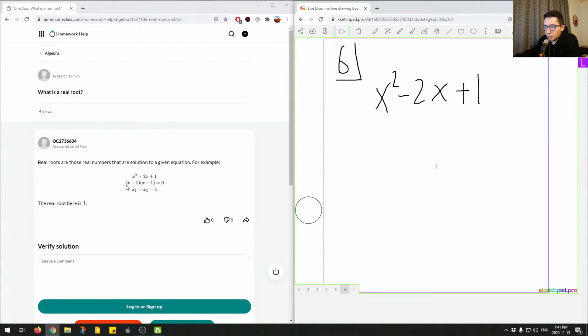Looking at this expression, well, this is actually a special case. This is a perfect square, mainly because you can see over here it's x minus 1, x minus 1.